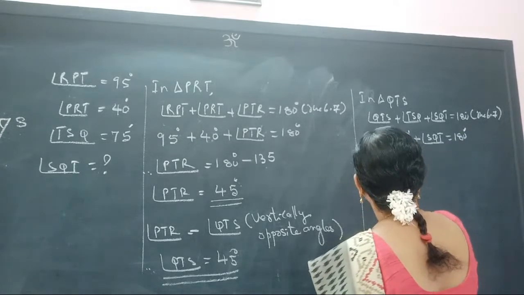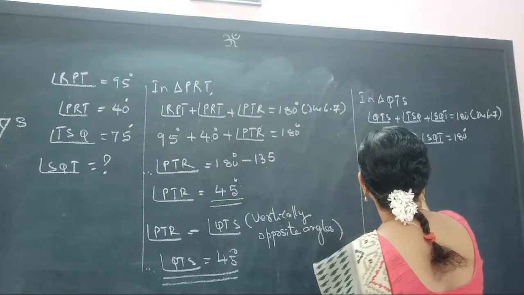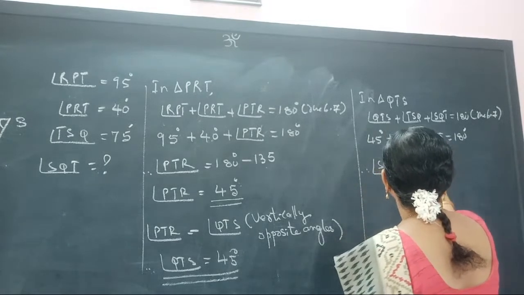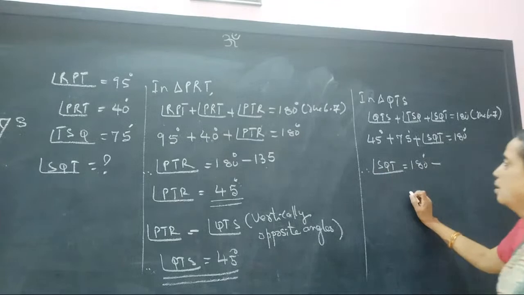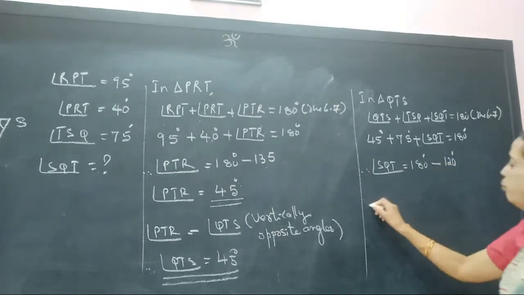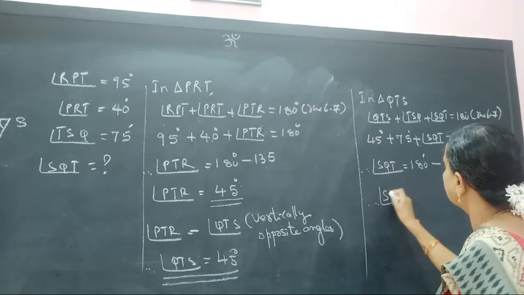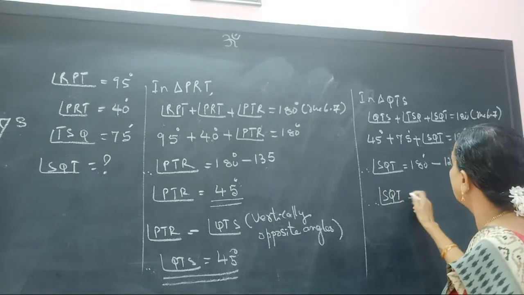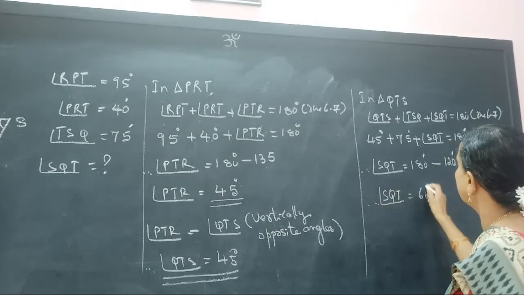Therefore, angle SQT equals 180 degree minus 75 plus 45. What you will get? 120 degree. Therefore, angle SQT equals 60 degree.